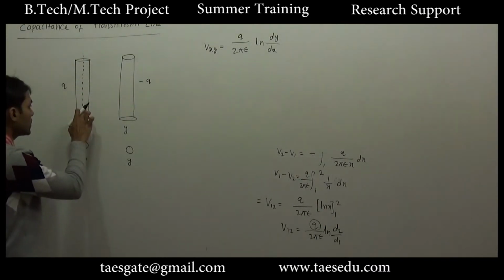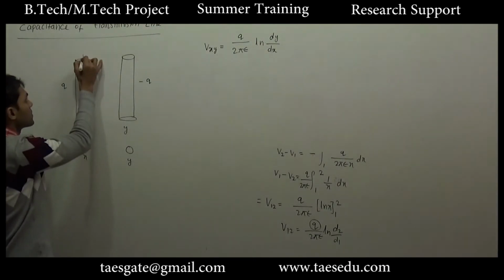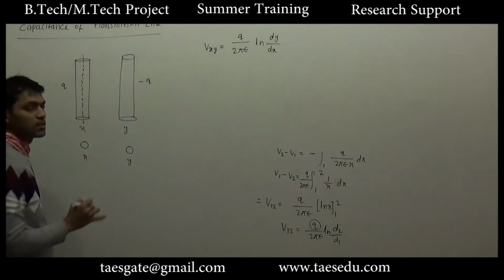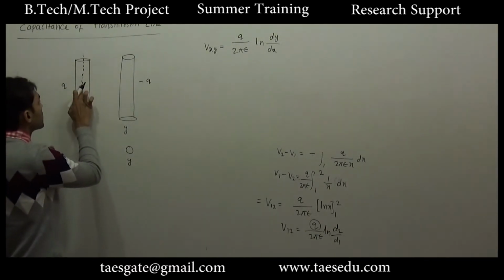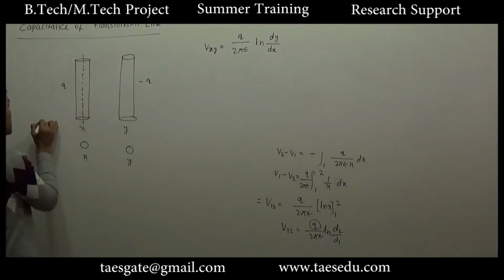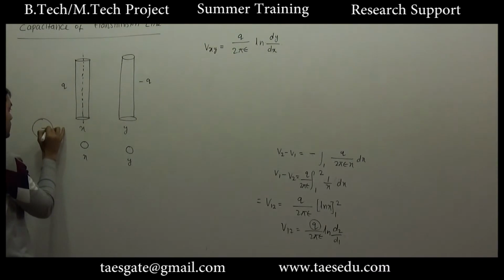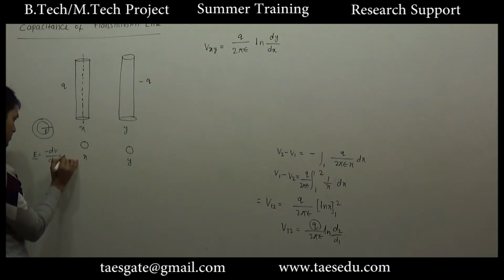Okay, now in the calculation of capacitance we will consider that this conductor is an ideal conductor and the internal resistance of the conductor is 0. If this is a perfect conductor, the electric field inside is 0. If the electric field inside is 0, E is equal to minus dV by dx, so the rate of change of potential will be 0.